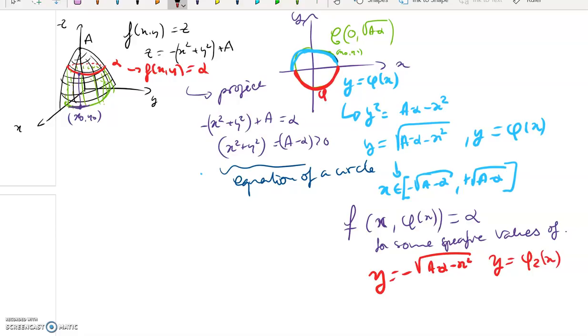So I would have my second implicit function such that if I take any couple of values, where x belongs to the same interval, described by x, phi 2 of x, I am also going to be on my level curve. Okay, so in that case we could find explicitly the implicit function, right?